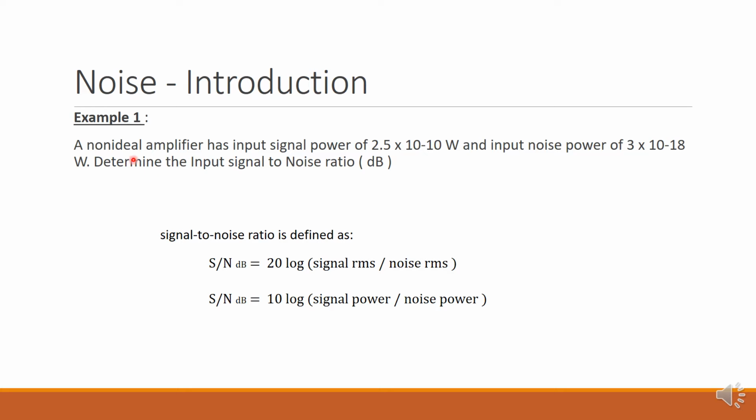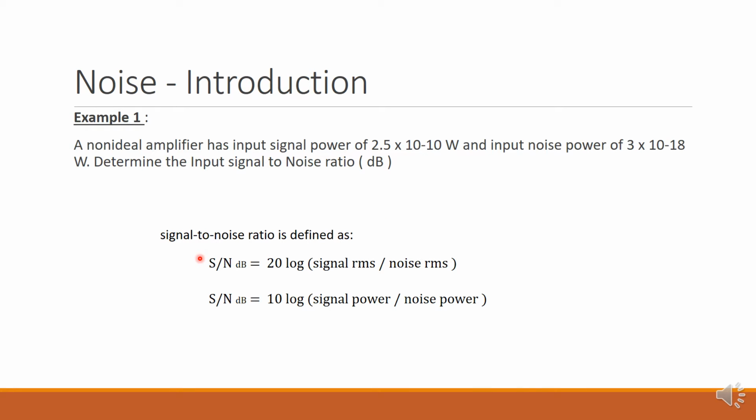The question asks you to determine the input signal to noise ratio. A non-ideal amplifier has an input signal power of 2.5 times 10 to the power of minus 10 watt, and the input noise power is 3 times 10 to the power of minus 18 watt. Determine the input signal to noise ratio.